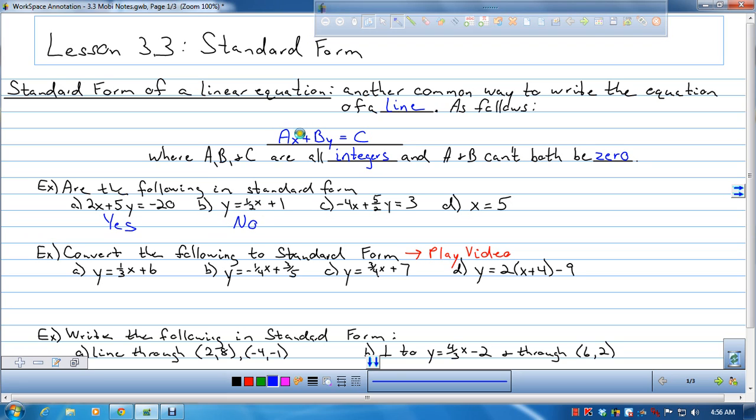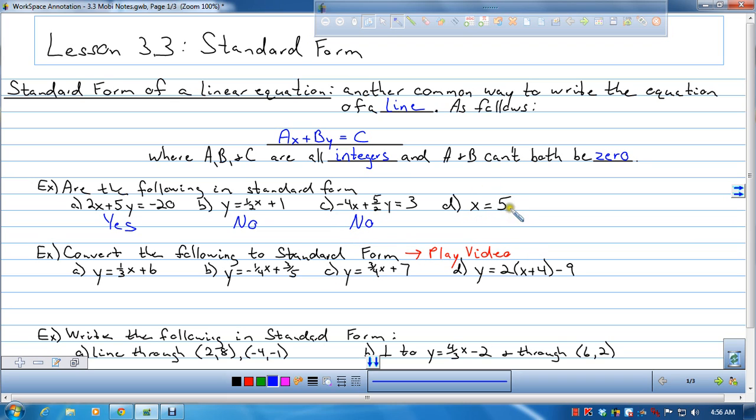We have to have our x term and our y term on the left, and they have to be equal to some integer. So that doesn't fulfill that end of it. This next one fulfills that part of it. It has the x and the y on the same side. However, the coefficient of my y value right here is not an integer, so that would be a no as well.